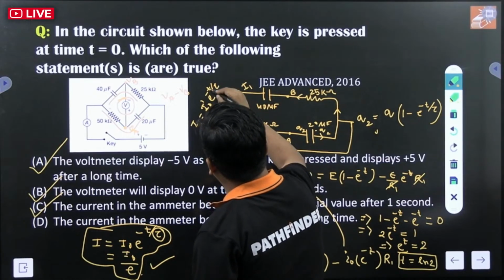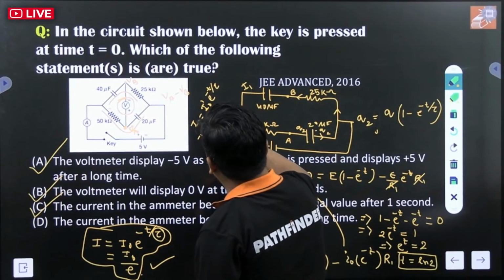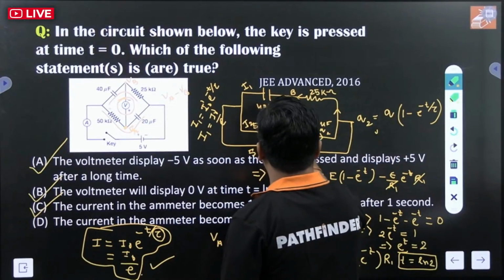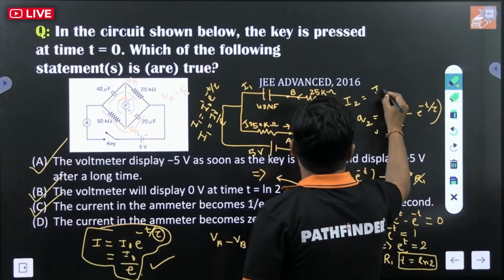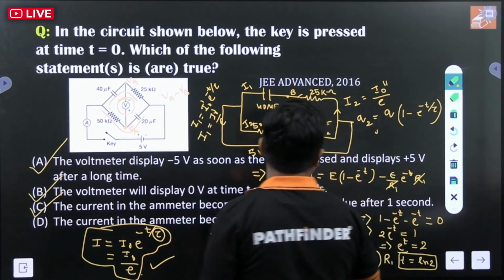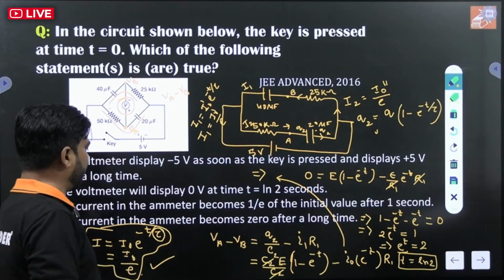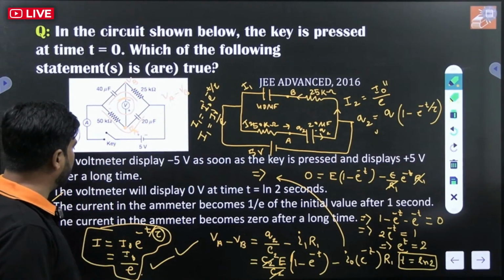Now tau is 1 second, this one is also 1 second, so here I1 will be, after t is equal to 1 second, I naught dash by e. Clear? Similarly for I2, for the second circuit, we will get I2 is equal to I naught double dash, for example, divided by e. So I1 plus I2, you can write I naught dash plus I naught double dash, which is equal to I naught. So this value we are getting. So C is also correct.